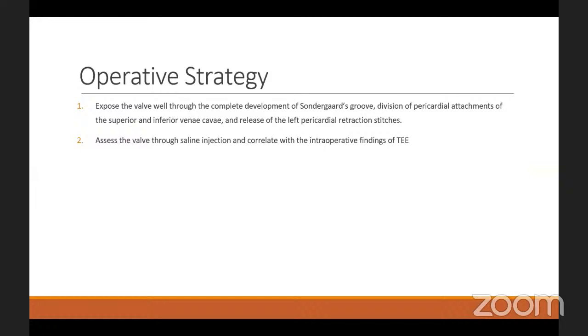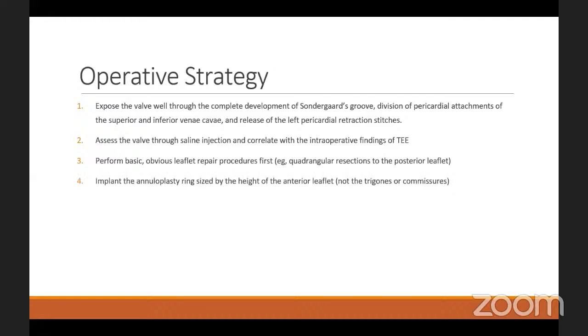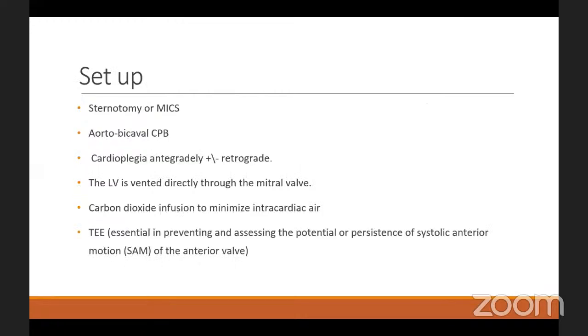Assess the valve through saline injection and correlate with the intraoperative findings of TEE, and then perform the basic obvious leaflet repair, for example, a quadrangular resection of the posterior leaflet. Then implant an annuloplasty ring sized by the height of the anterior leaflet, not the commissure, because that sometimes leads to downsizing of the annulus. Test the repair and perform additional operative procedures as needed, for example, if you have a left atrial appendage closure.